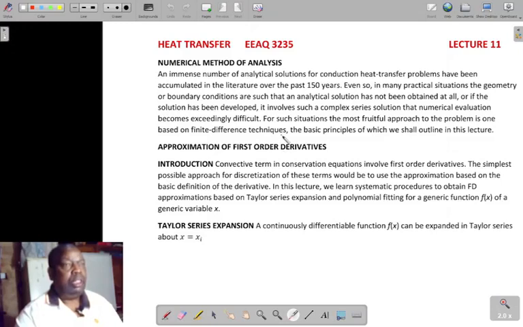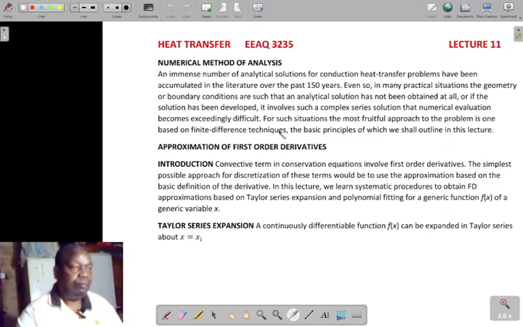With such complex situations, the numerical methods, especially now that we have very fast computers, stand in a good state. And that is what we are going to look at.